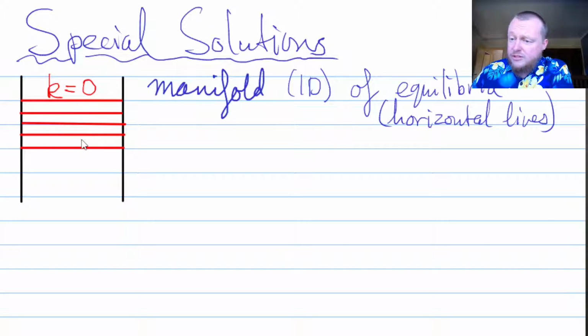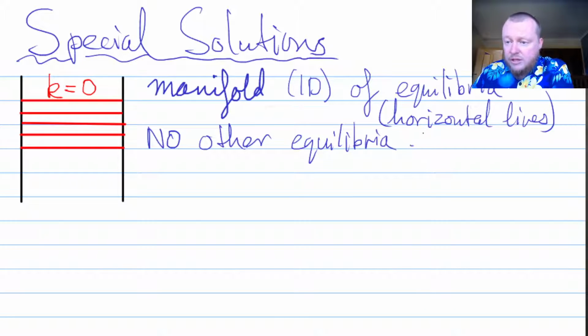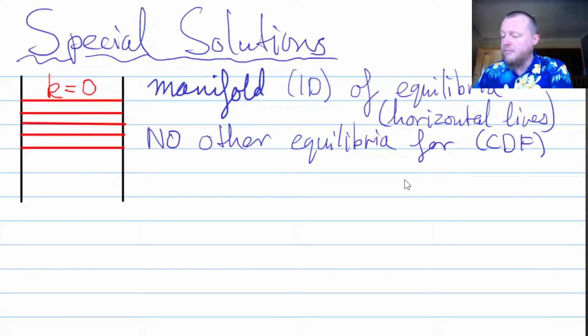Now, it turns out to be the case that there are no other equilibria, no other steady state solutions in the case of the curved diffusion flow, or CDF. However, for the free elastic flow, there do turn out to be many more, which I will describe shortly.